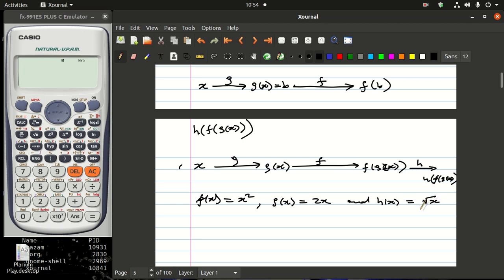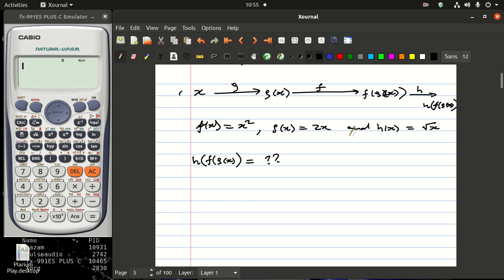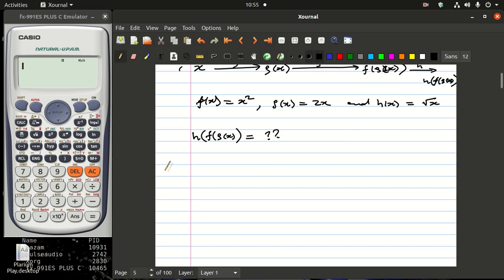Here, if I'm looking for h of f of g of x, what is that going to be? I don't know yet, but what I know is that first I take my x and plug it in g to get g of x.